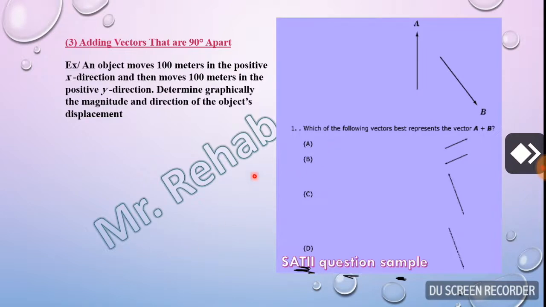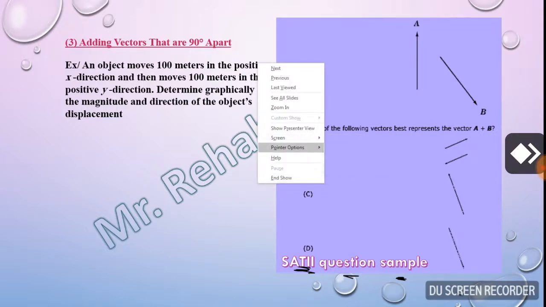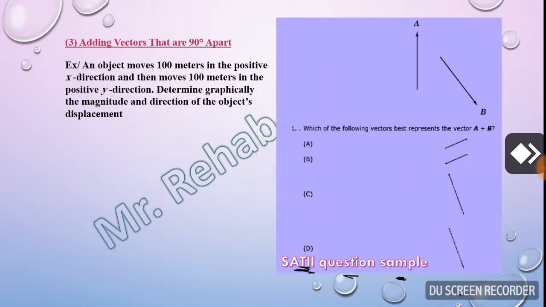To solve this question, let's do the following. We will drag A here. This is A. And we will drag B parallel to its direction and keeping its length here, such that the tail of B is at the tip of A. So now we have only one tail and only one tip.